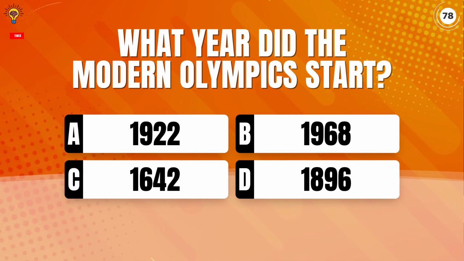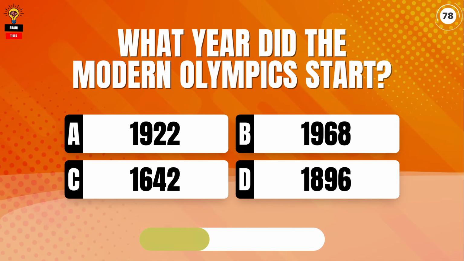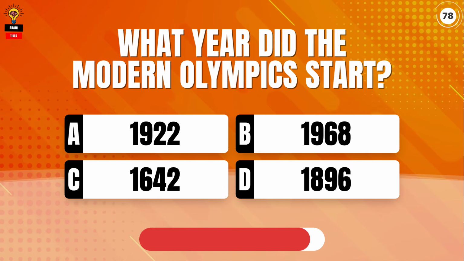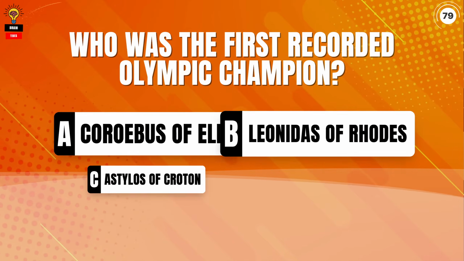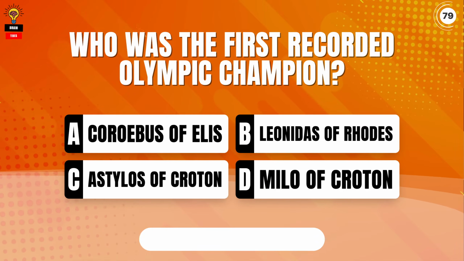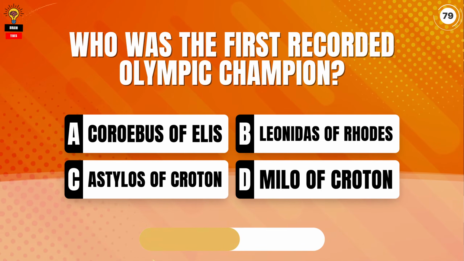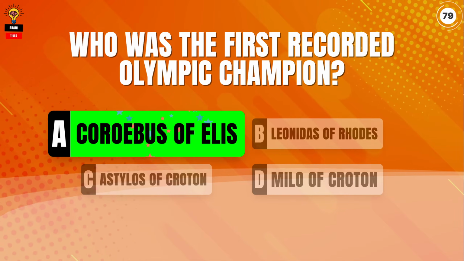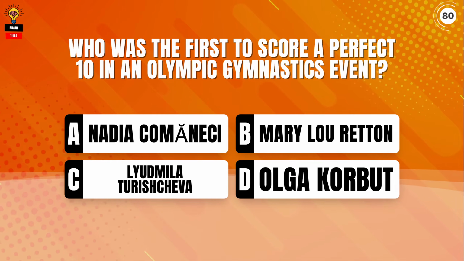What year did the modern Olympics start? 1896. Who was the first recorded Olympic champion? Coroebus of Elis. Who was the first to score a perfect 10 in an Olympic gymnastics event?